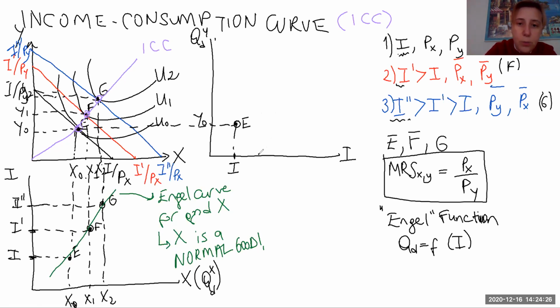And then we assumed that the income has increased to I prime. So the budget line of the consumer has shifted to the right, and the utility maximizing level of Y in this case is Y1. Let's reflect it here. Y1.